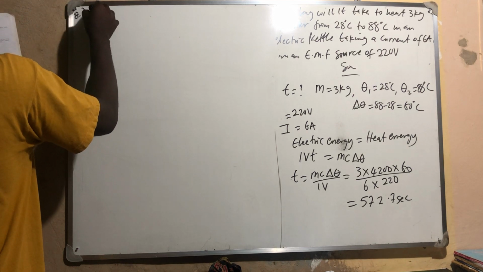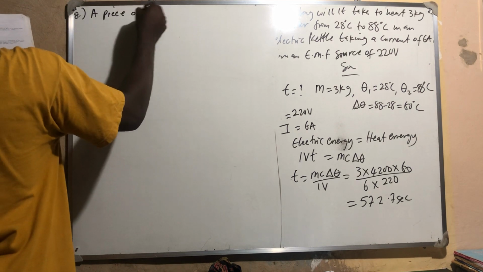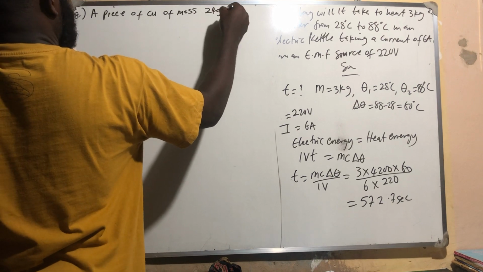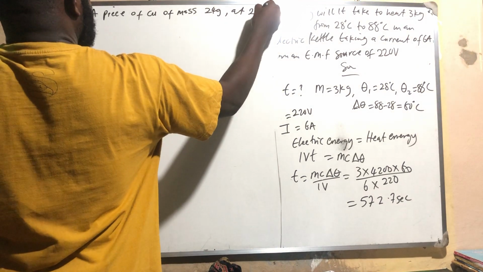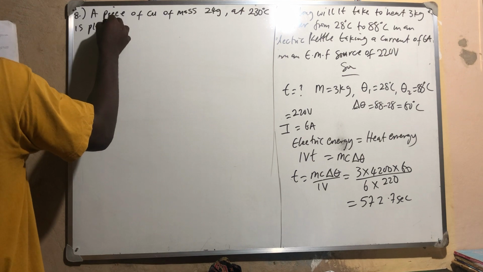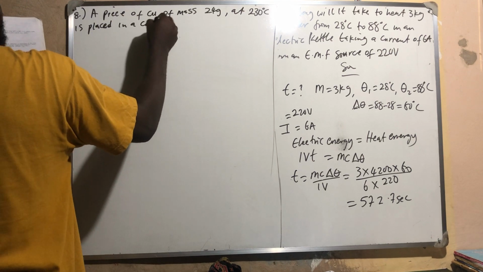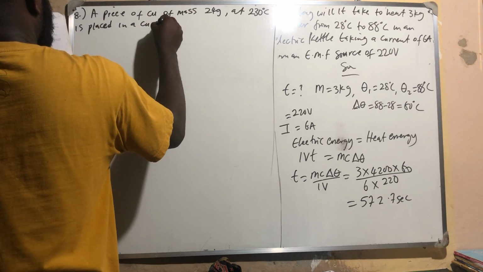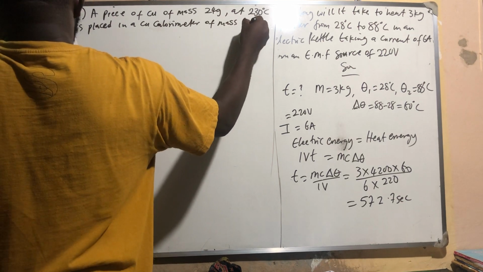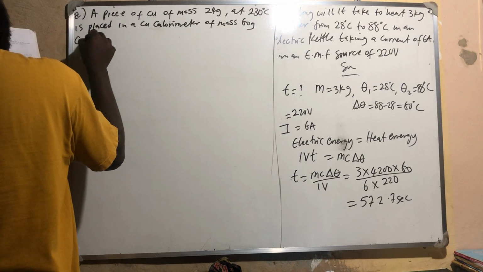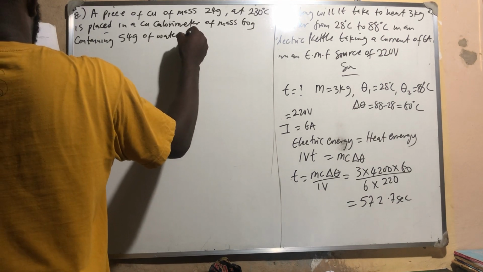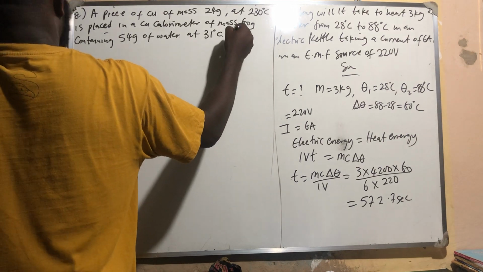Number 8 said a piece of copper of mass 24 gram, at 230 degrees Celsius, is placed in a copper calorimeter of mass 60 gram, containing 54 gram of water at 31 degrees Celsius.